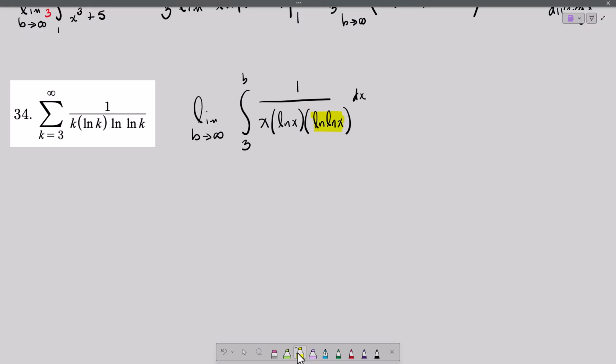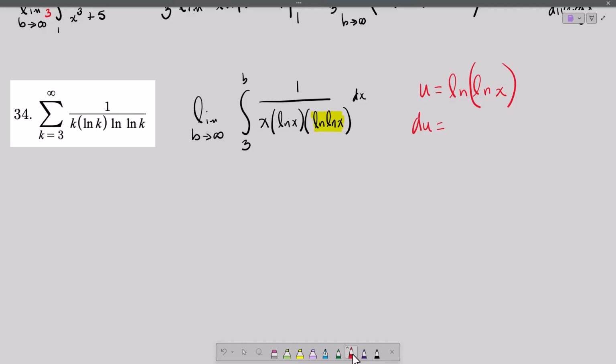So what we're going to do is just try this one. If we let u be that, will we get a function that's present? Let's just check. We're going to pick the most complicated thing in the denominator, the thing that we like the least. So this is ln of x.